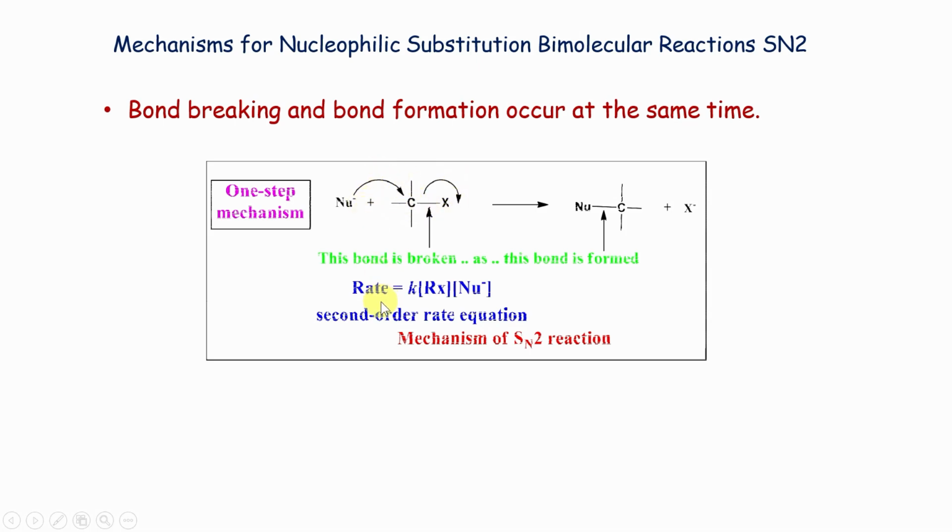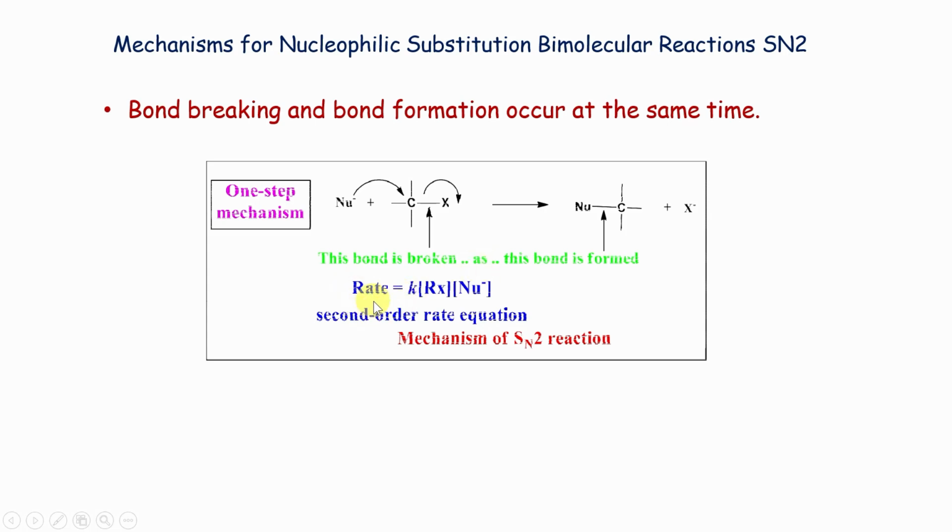You can see the nucleophile and the substrate molecule both are taking part in the reaction, and hence the rate of reaction can be represented as rate is equal to k, the rate constant, times the concentration of the substrate molecule, represented here as RX, and the nucleophile, Nu.